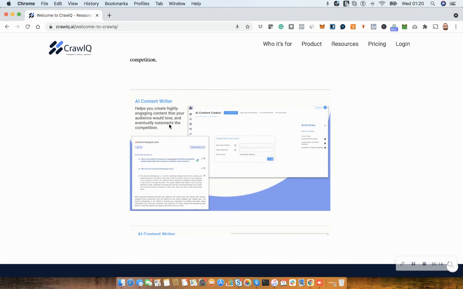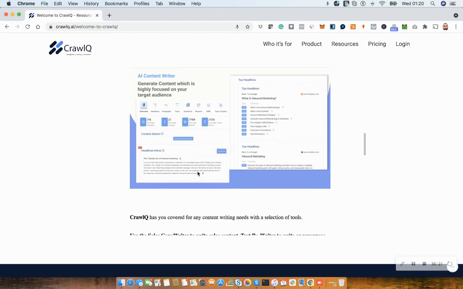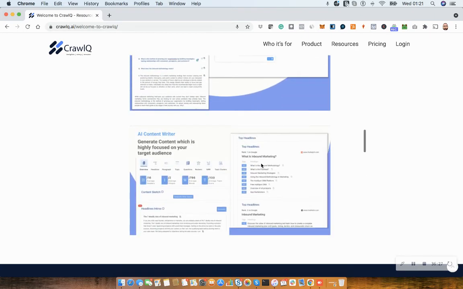You can go directly to the AI content writer, or create a blog outline or headline intros, you can ask Athena to write for you and start testing if this is really working. So this is your first test, right?